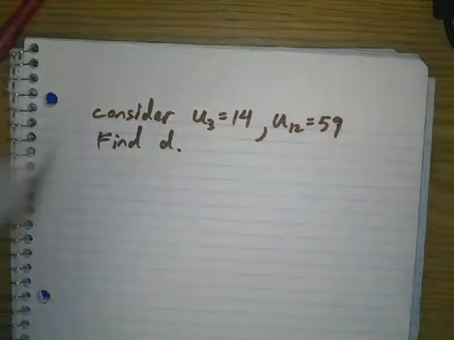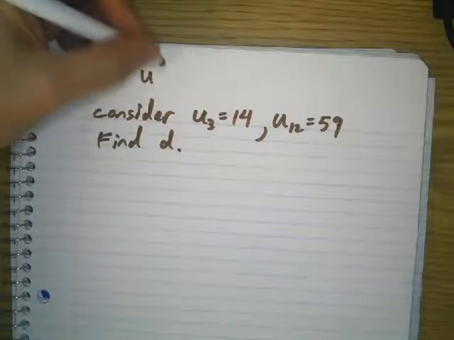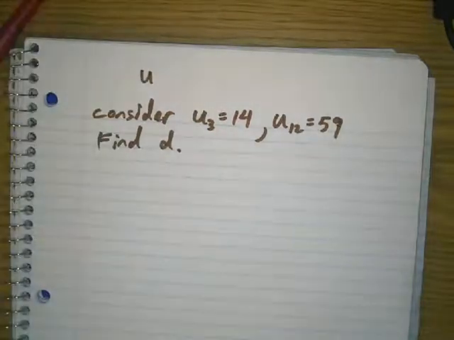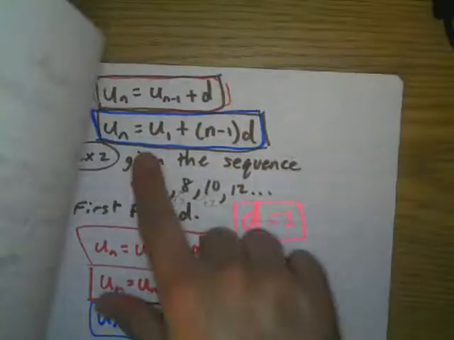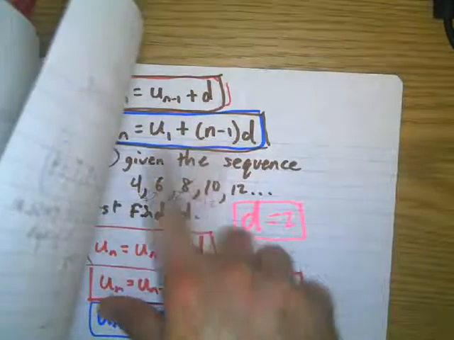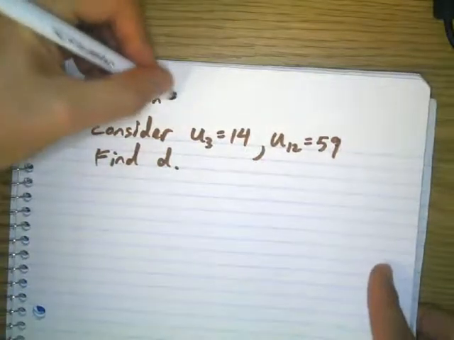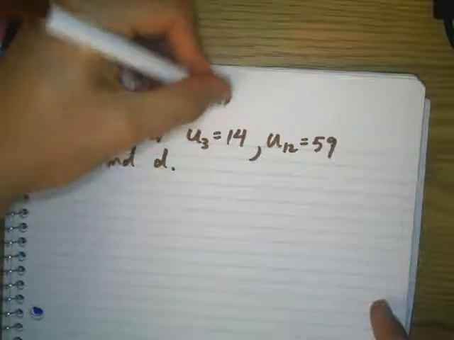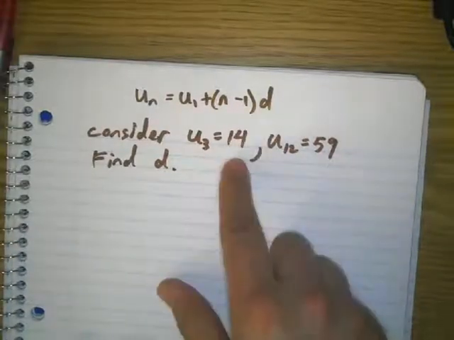If I'm using my equation, we're using which equation? We're using this equation, u sub n equals u sub 1 plus n minus 1 times d. All right?